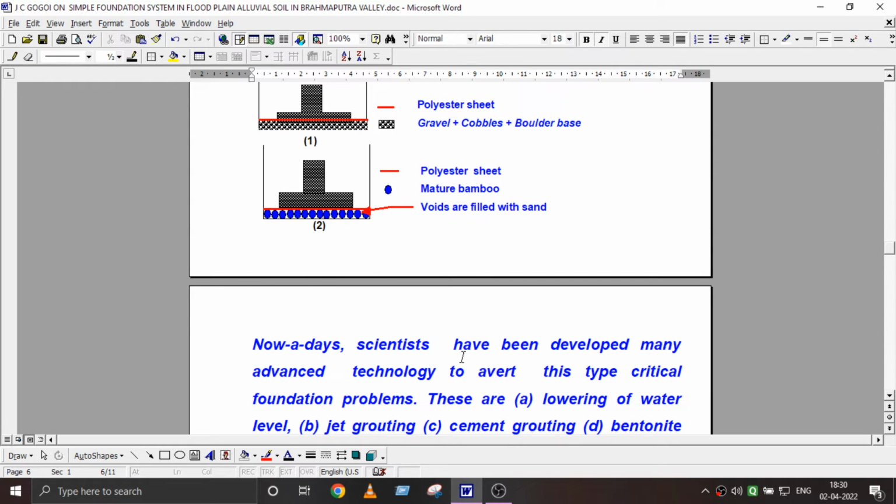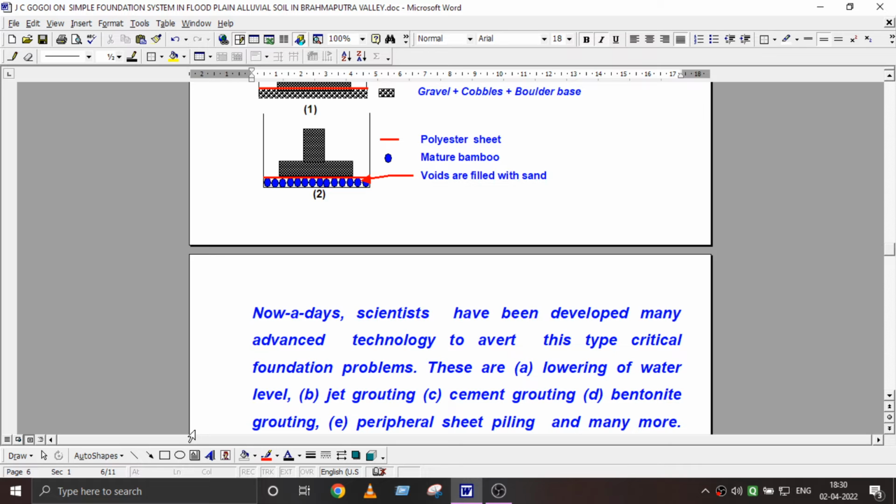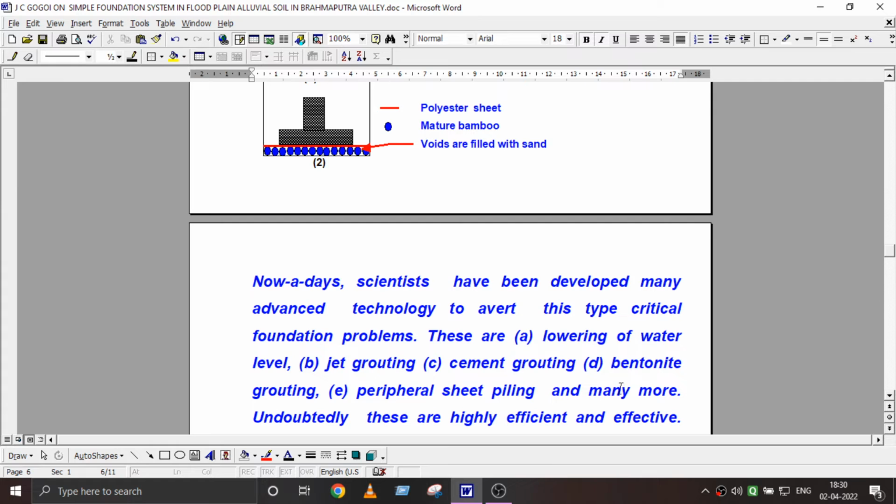Nowadays, scientists have developed many advanced technologies to avert this type of critical foundation problem. These are lowering of water level, jet grouting, cement grouting, bentonite grouting, peripheral sheet piling, and many more.